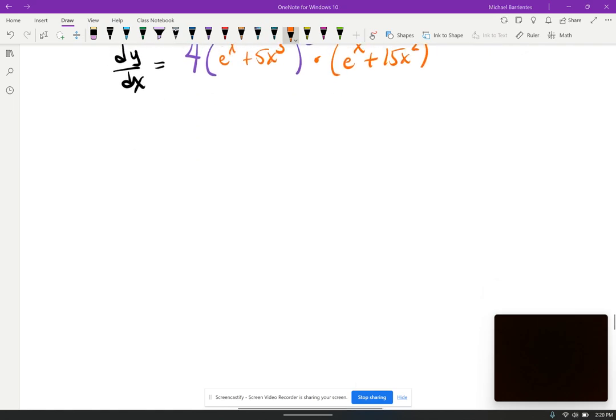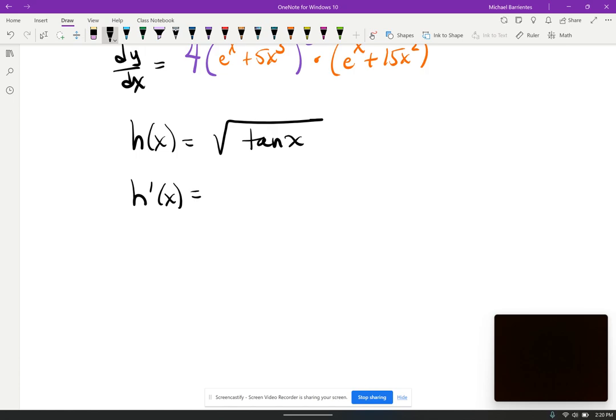Or I could say there's this function, h of x, that is the square root of tangent x, and I want to find h prime of x. So the derivative h prime would be the derivative of the outside, which is the square root. Now remember, the square root is also the 1/2 power.